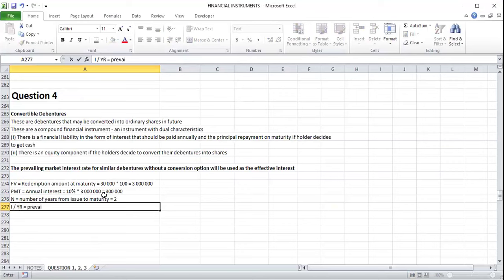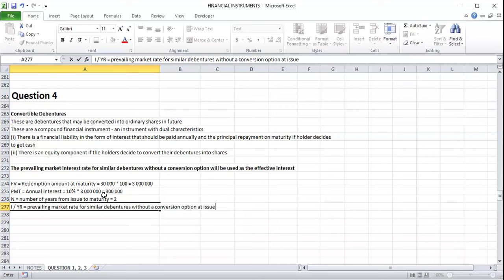The interest rate is the prevailing market rate for similar debentures without a conversion option at issue date. So you should be very careful.